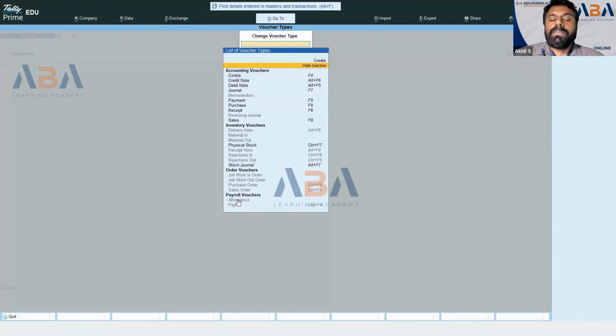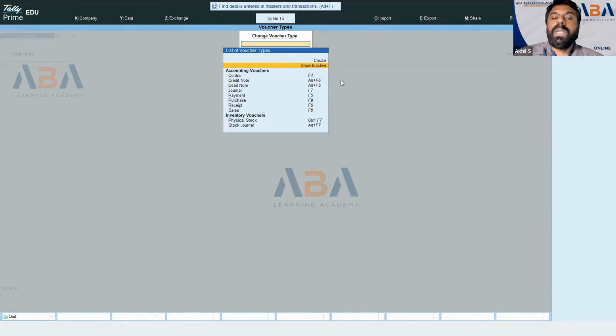So if you enable order vouchers or if you enable payroll vouchers, these will be activated. Currently, these are inactive. So that is why it is showing as inactive. So if you click on hide inactive, it will remove those. Then you will only be able to see the accounting vouchers and inventory vouchers. Okay. So these are the default accounting vouchers: contra, credit note, debit note, journal, purchase, payment, receipt, and sales. Okay.